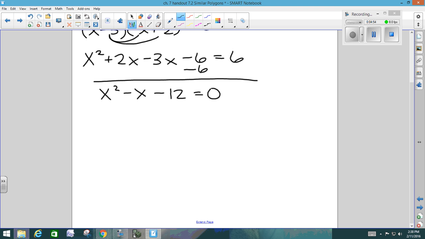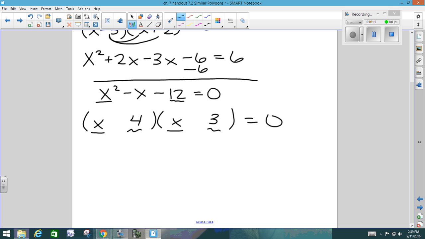Now to find your solutions, you have to go and break it back into 2 parentheses, which is called factoring. We had one problem last week that we did this on a worksheet. This times this has to give me x squared. So what are we going to put in those two spots? X and x, good. This times this has to give me 12. 4 and 3, okay?